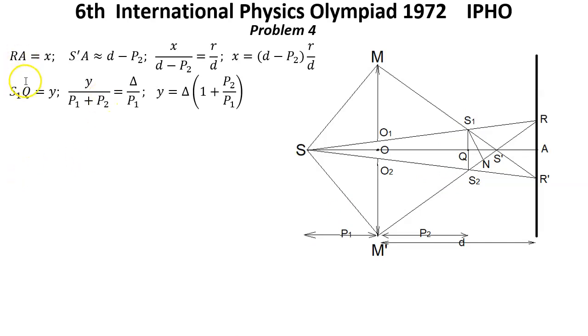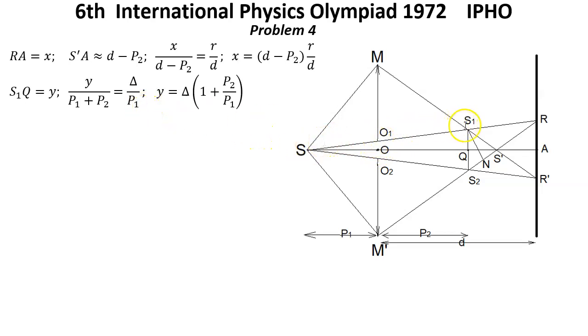Suppose that S1Q is equal to y. In that case, again compare triangles. We have y over P1 plus P2 equal to delta, which is the distance from O2, O1, over P1.